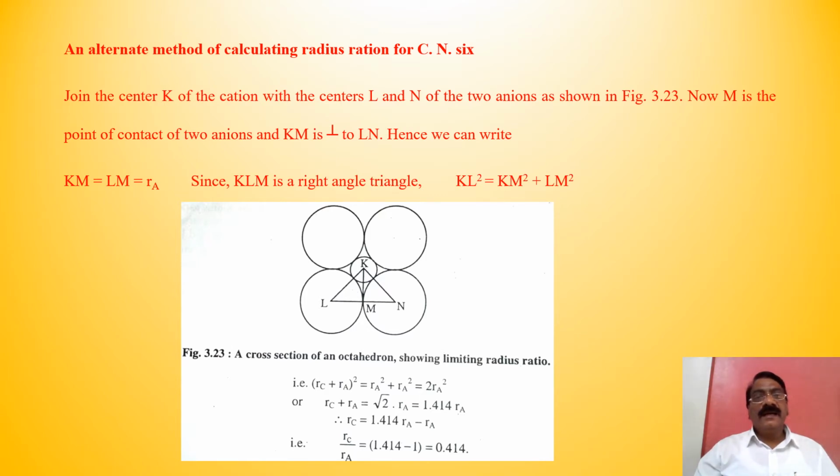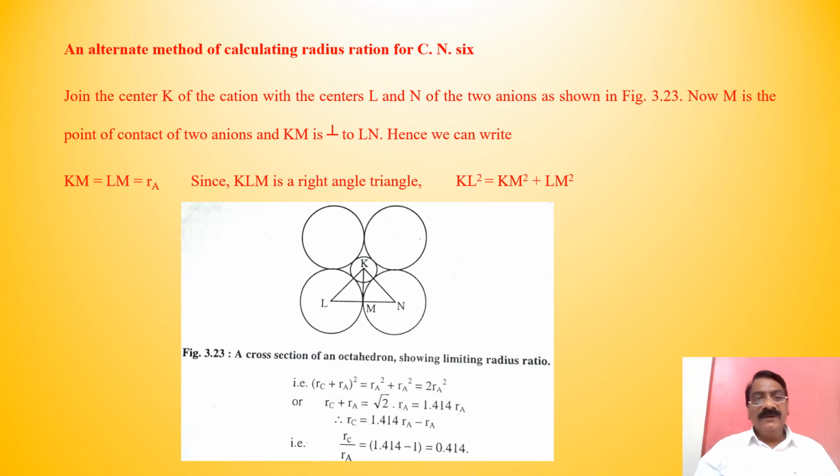Hence, we can write KM is equal to LM is equal to the radius of anion. Since KLM is a right angle triangle, KL square is equal to KM square plus LM square according to the Pythagoras theorem.